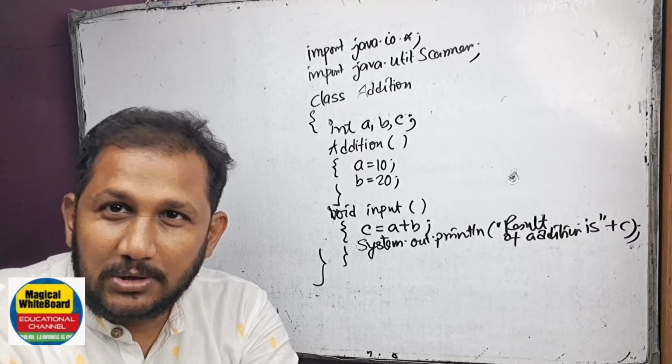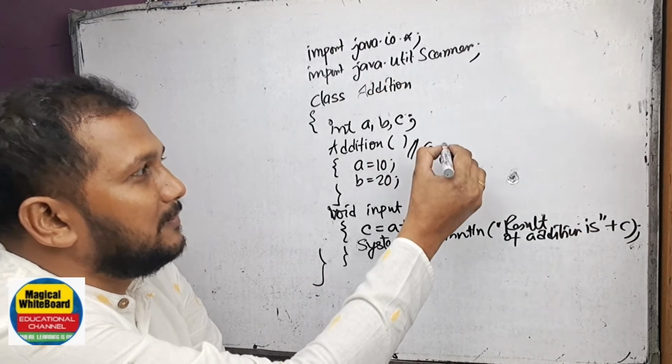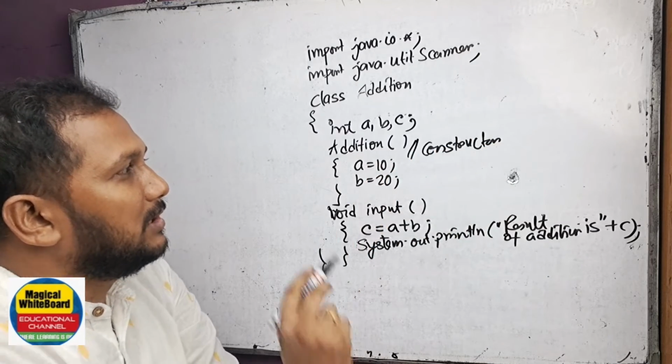So this class consists of a constructor. This one is called constructor because its name is same as class name and it is used to initialize the data members of the class.